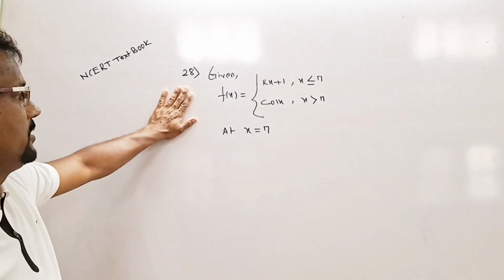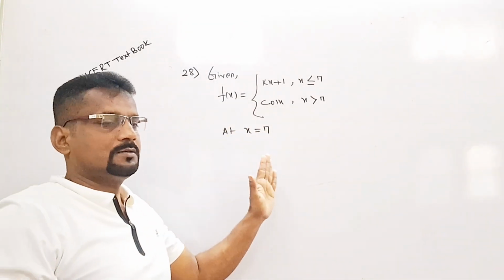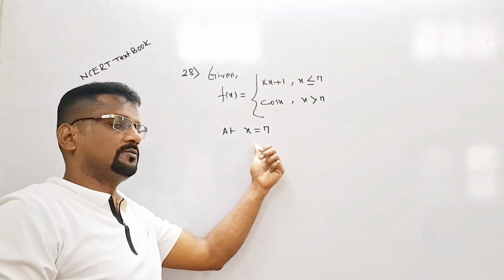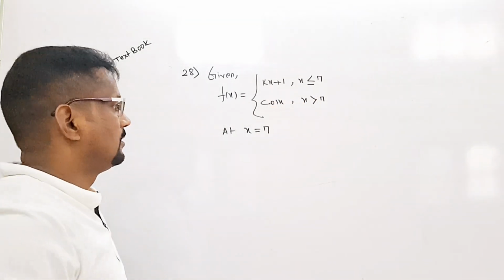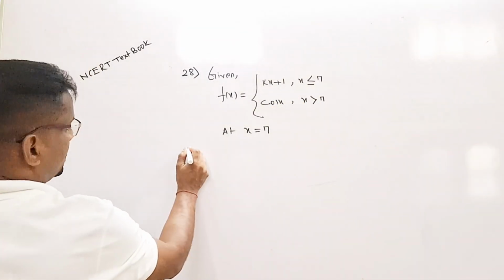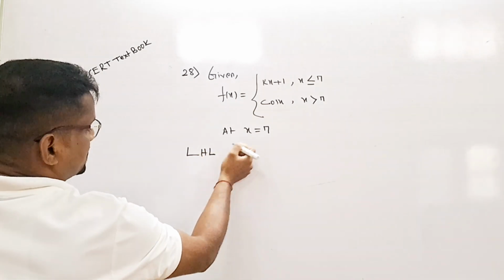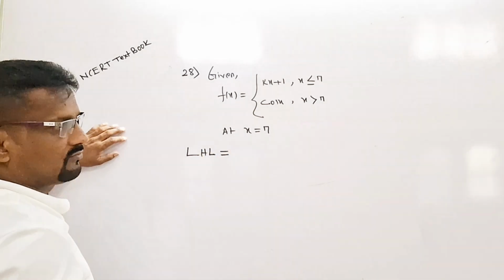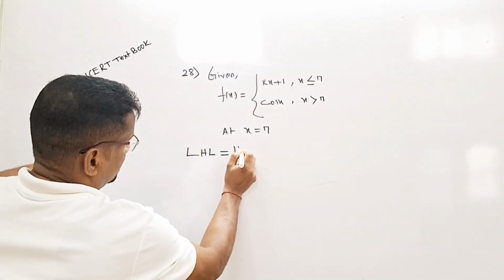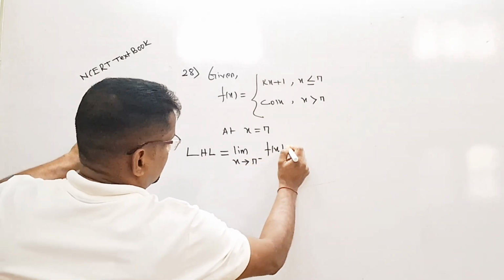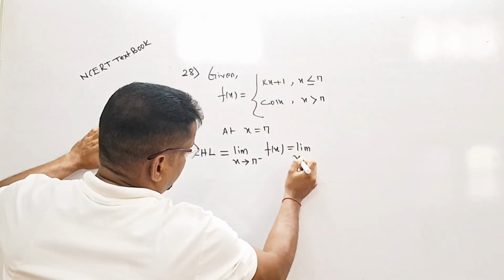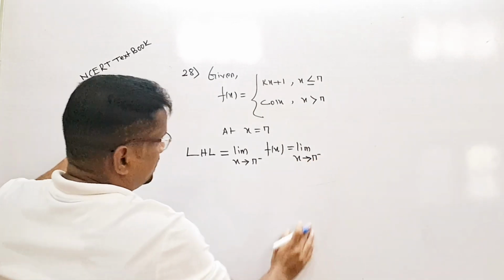Now, question number 28. It is a similar question. The function is continuous at x equal to pi, and you have to find the value of the unknown, that is your k. So, in a similar way, left hand limit at x equal to pi we are going to find out. Limit x tends to pi negative f of x.